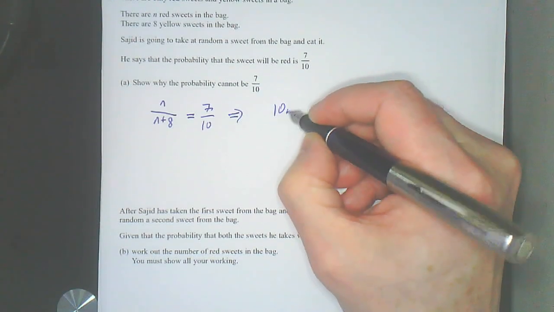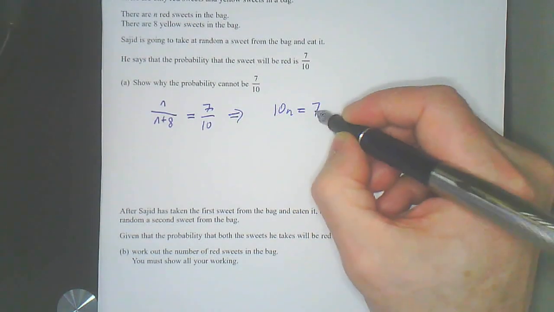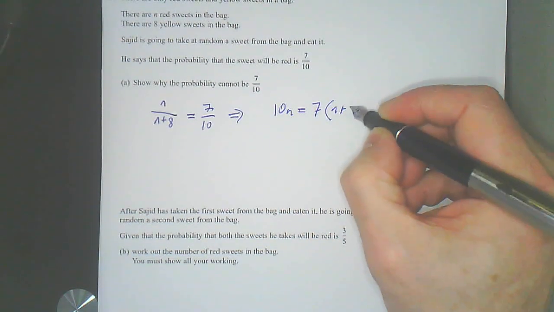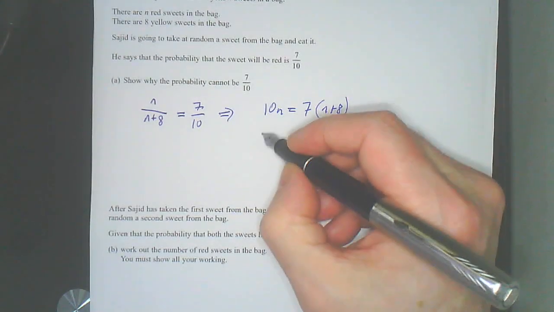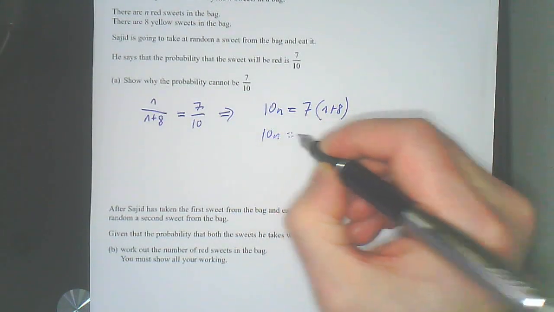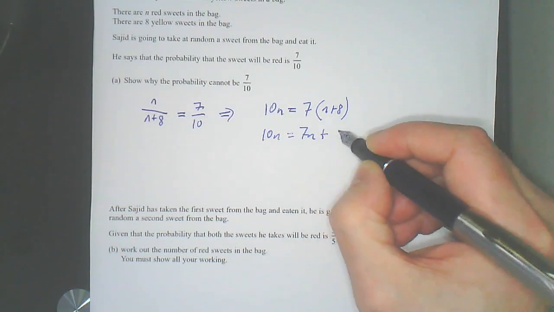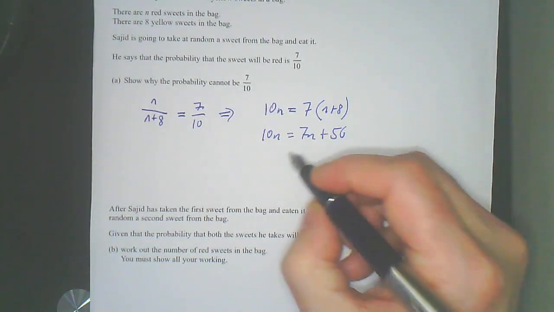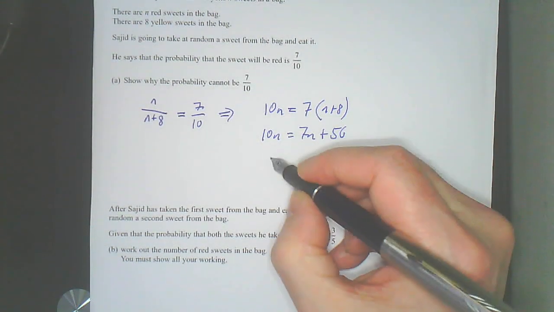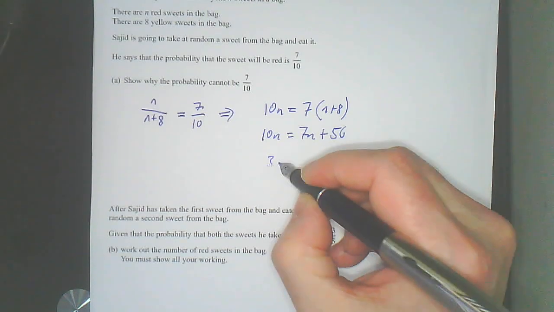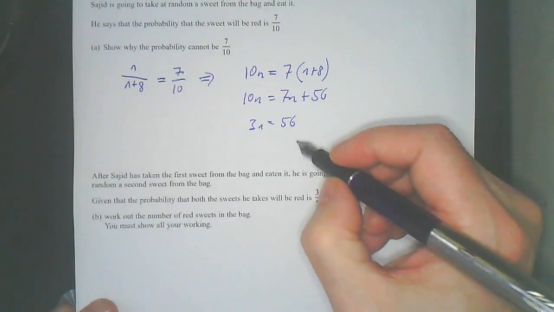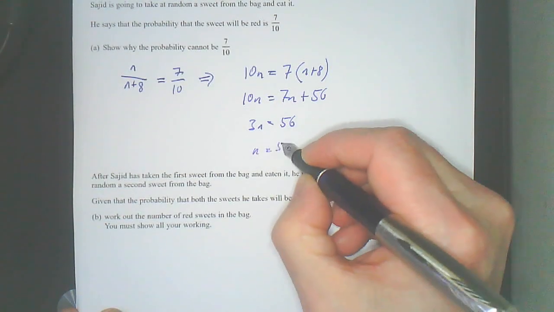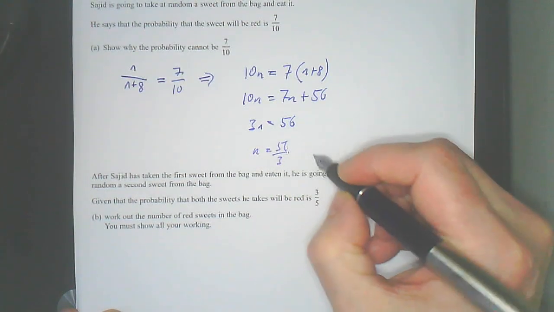We've got 10n equals 7 lots of n plus 8 if we multiply through. So we've got 10n equals 7n plus 56. We subtract the n's, simplify, we get 3n equals 56, or n equals 56 over 3.